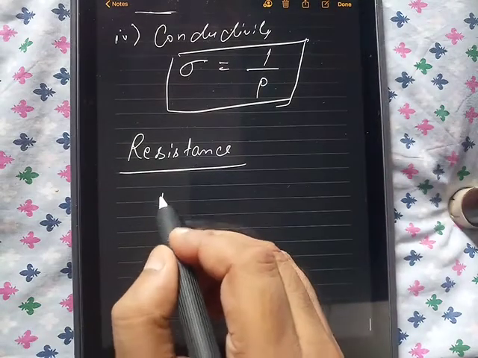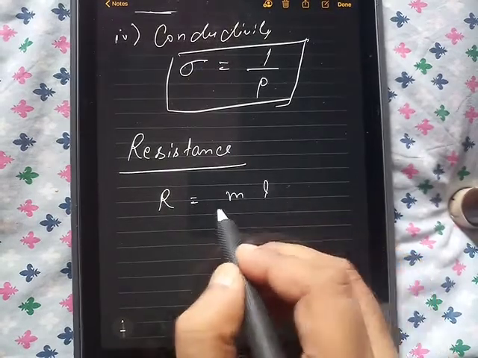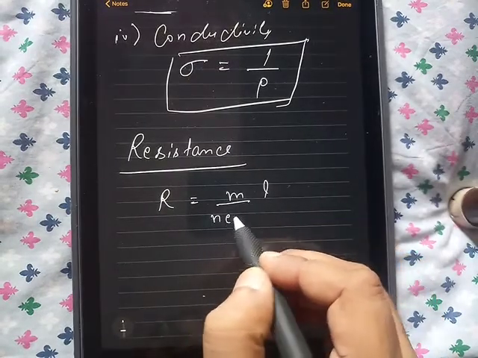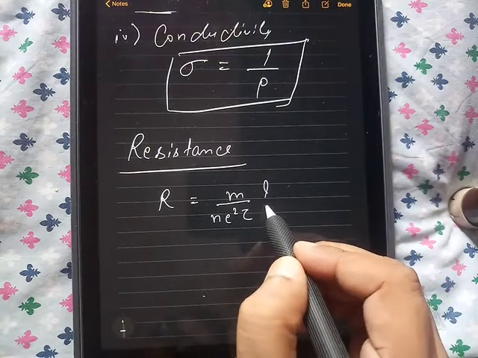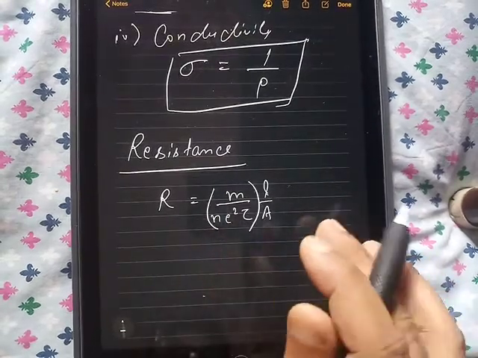We found the formula R equals m l by n e square tau into A. So, this is the formula.